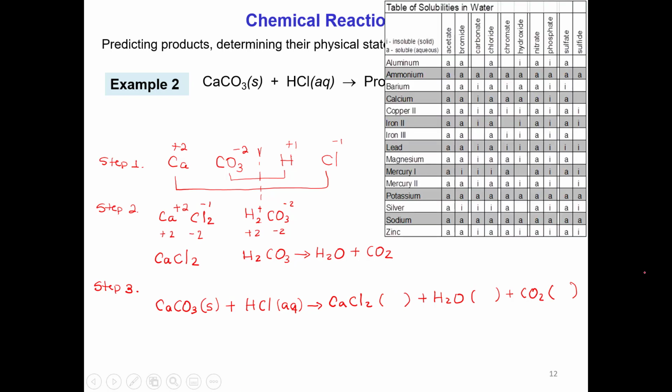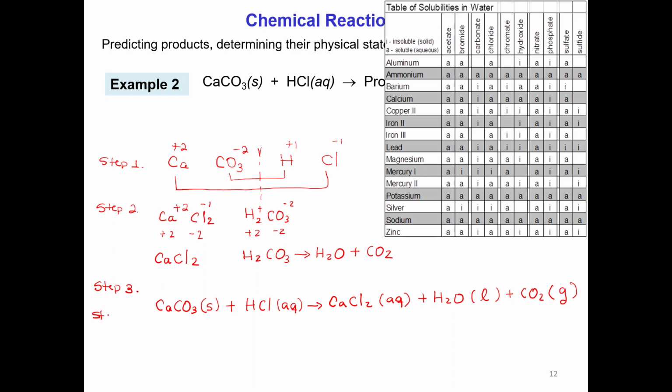And let's see what happens with calcium chloride. It is aqueous, which is aq. Yes. Water usually is liquid and carbon dioxide is gas. And we complete step number 3, and now we move to step number 4.